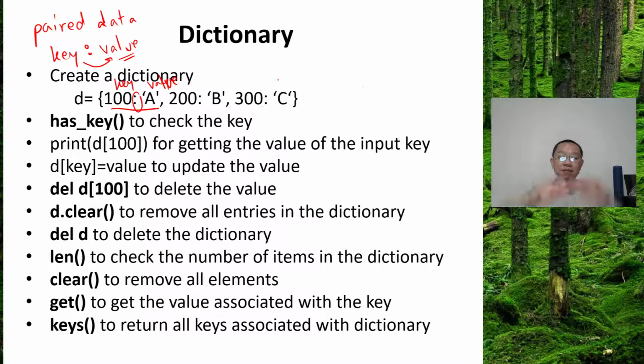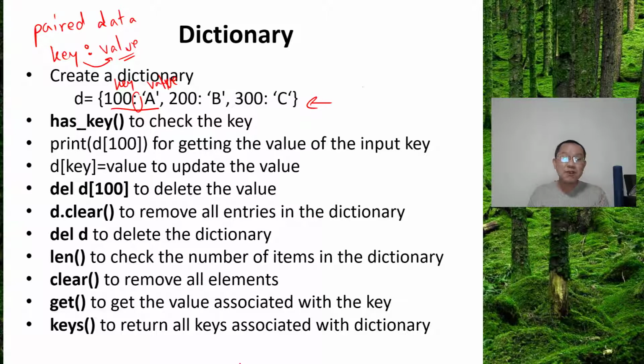There are several functions that we can use to play with this data type. The has_key function we use to check for a key of interest. For example, if we want to check whether this dictionary has the key of 100 or not, then we can type 100 inside the parentheses of this function.